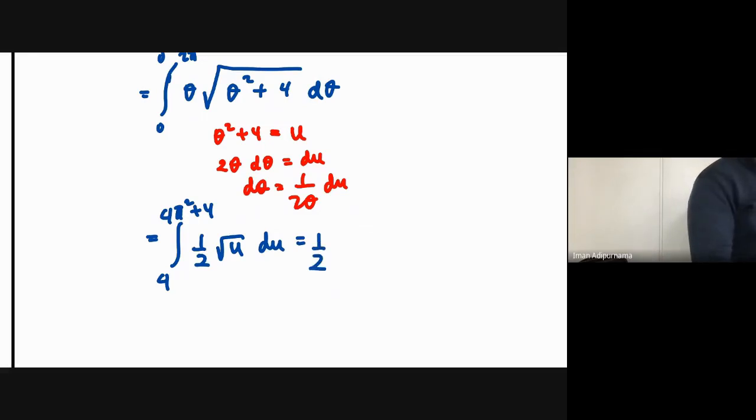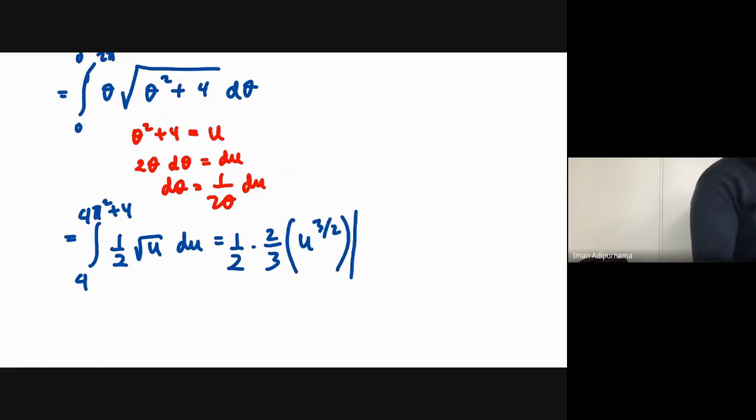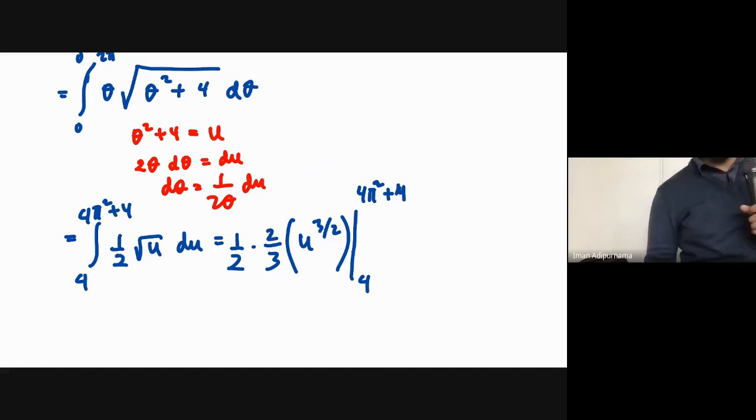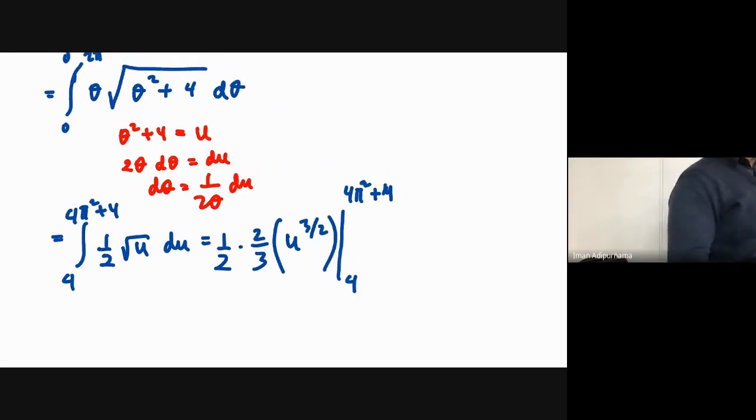So this will be half, and then 2 over 3 u to the 3 over 2, and the rest you can just plug in the evaluations from 4 to 4 pi squared plus 4, and then that's the answer.